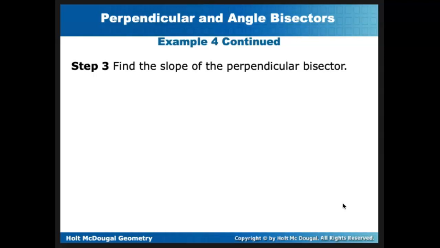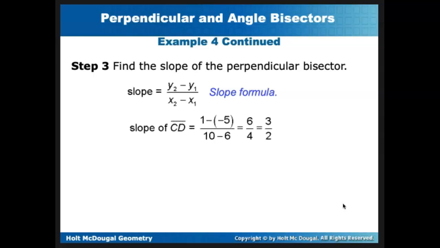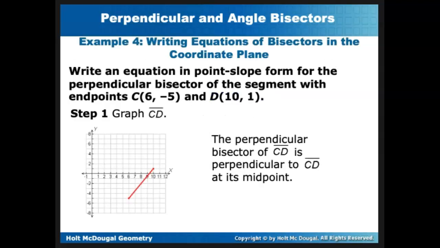Now we can find the slope of the perpendicular bisector. Oops, pushed the wrong one, I think. And so we have the midpoint, and what other point are we using? Let's back up and look. 6, negative 5.